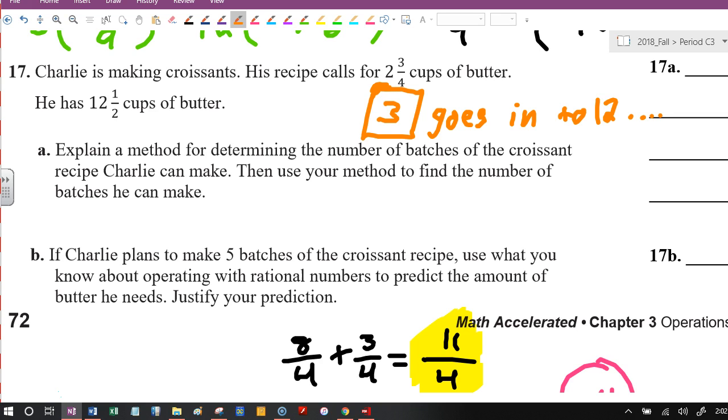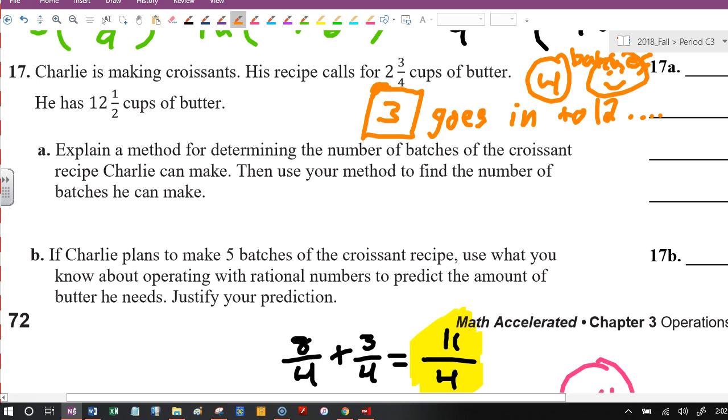Okay, so if we round it up a little bit, then when you multiply by 4, you're actually under 12 a little bit, right? So if we're under 12, do we have enough to make 4 batches? Yes. Right. So that means 4 is a thumbs up. I'm going to put a happy face because I can't draw a thumbs up. So 4 batches is a happy face.